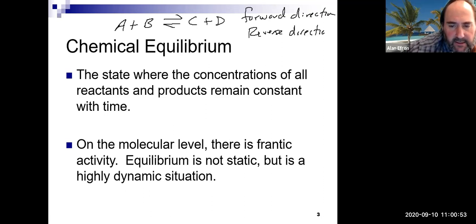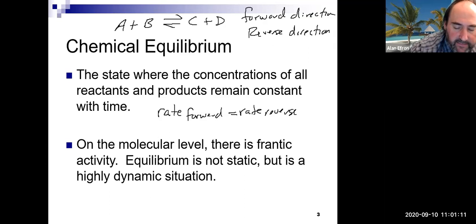And as we talked about with mechanisms, what it means when something reaches chemical equilibrium is really the rate. The rate of the forward direction will equal the rate of the reverse direction. So just as quick as it goes from reactants to products, those products will go back the other way from products to reactants.